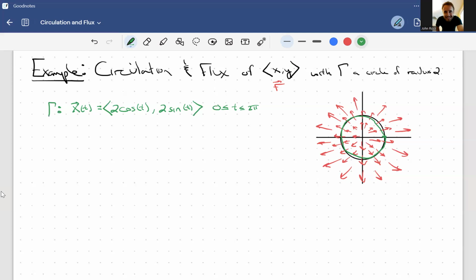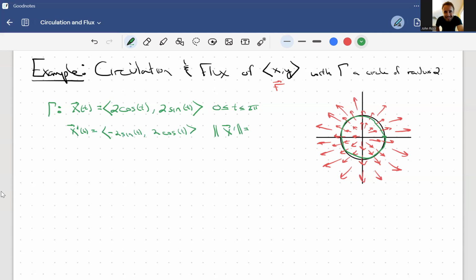And now let me actually front load, before we get to the calculation of circulation and flux, some of the unit tangent and unit normal calculations. So let's quickly compute x prime of t, which is just going to be negative 2 sine, comma 2 cosine. And then the speed of that, so the norm of the velocity vector, is going to be the dot product of that with itself.